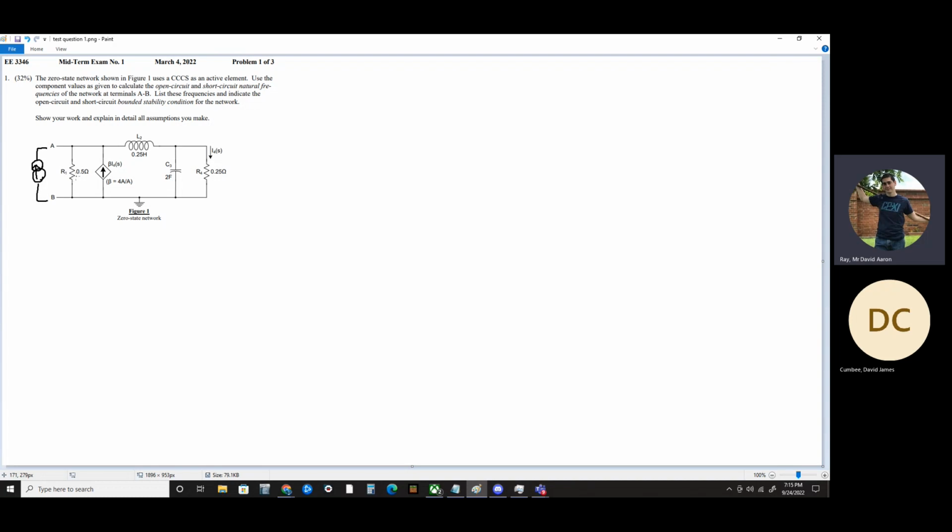So if this is going to be nodal, then I want to do current sources, because nodal is going to be some matrix of conductances times your voltage matrix equals all your active sources, which would be the currents.